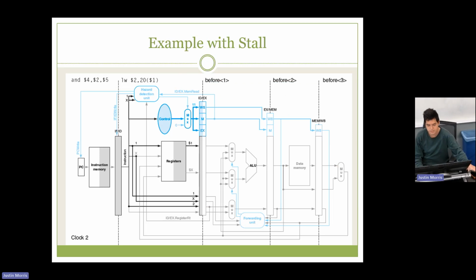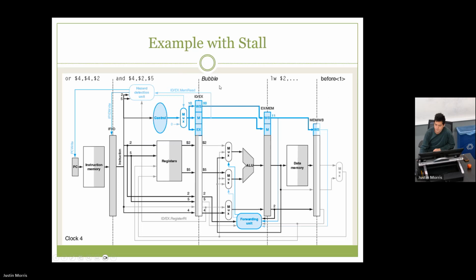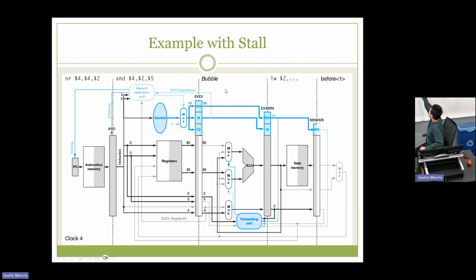And here is the single cycle diagrams. Right? We have the load word, we have the and, we execute the load word, we figure out our problem, the decode of the and. This is the no op. That's what's indicated here, right?